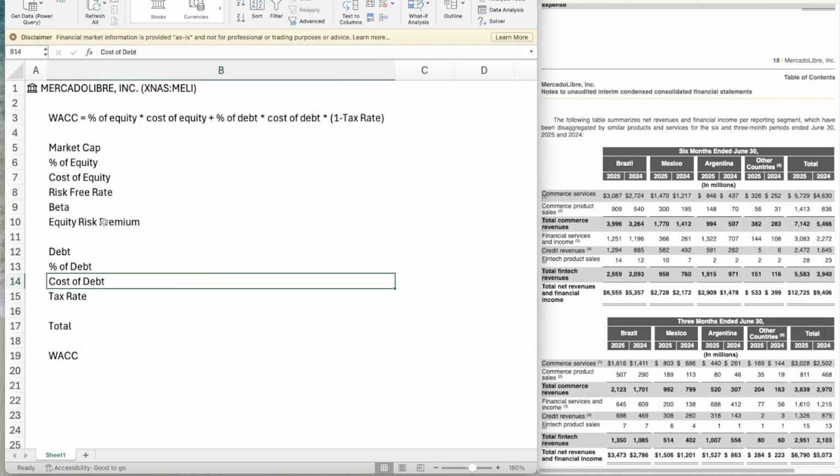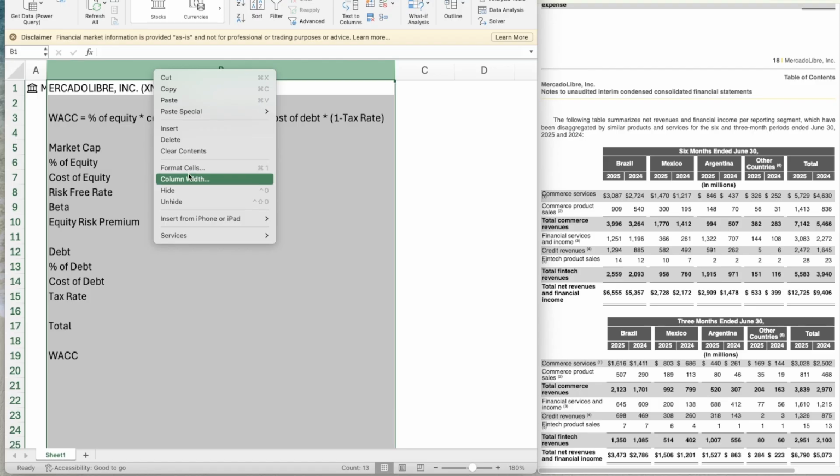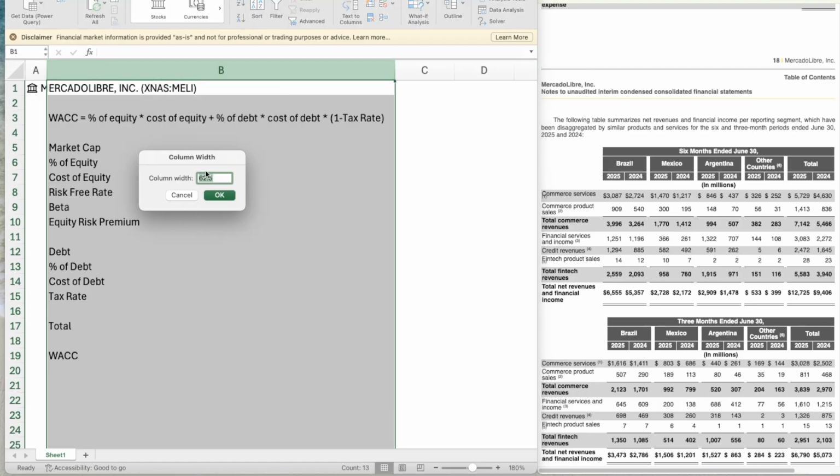There we have it. Whoa, no. This needs to come back. Column width. Put it to about 20.